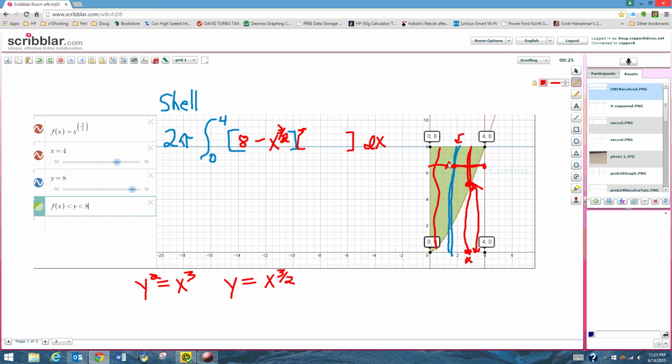I want to take away this part, and that will leave me the average radius, the distance from the axis of revolution to the center of our typical shell. So the whole distance is 4. Take away, what is this distance? Well, it's just x. And there we have, we're done setting up the integral. And I'll take us a little bit further.